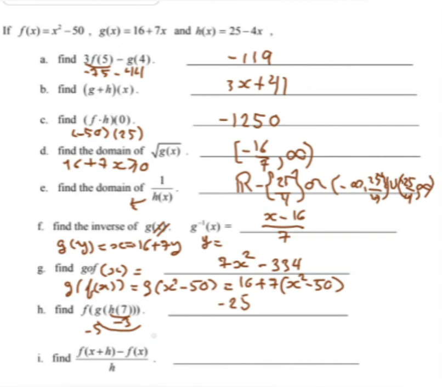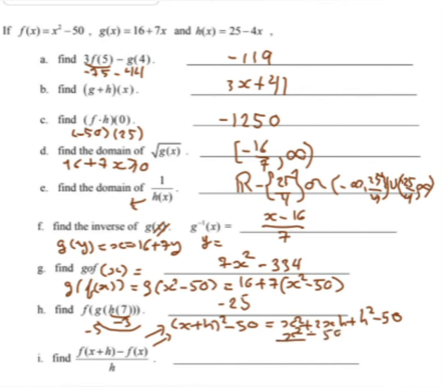Similarly, you can work out here f of x plus h. So replace x by x plus h in the formula. What do you get? x squared plus 2xh plus h squared minus 50. Note this. After that, what is f of x? x squared minus 50.